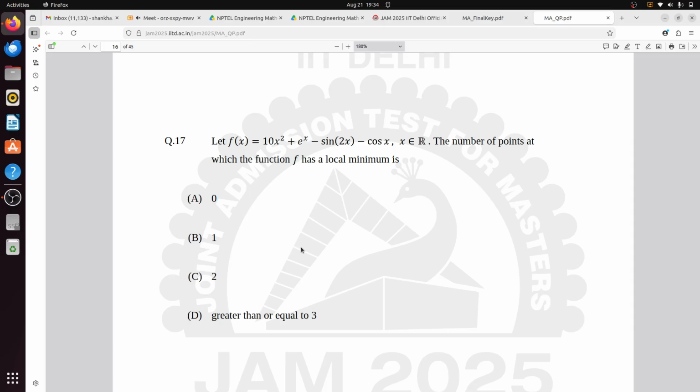Let f(x) = 10x² + eˣ − sin 2x − cos x. Very tricky question.